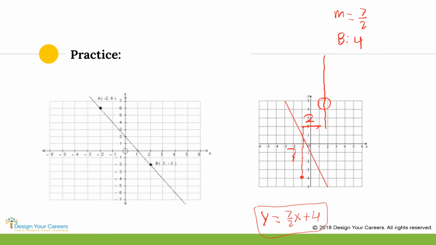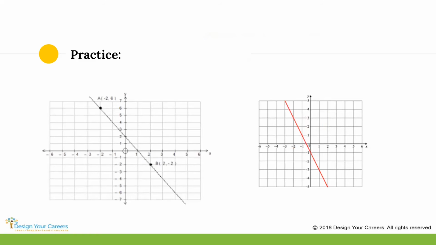Let's do some more practice, but with negative slopes this time. Again, you should be doing the same thing, finding the slope. So let's see, we're going down 1, 2, 3, 4, 5, 6, 7, 8, and then we are running 1, 2, 3, 4.